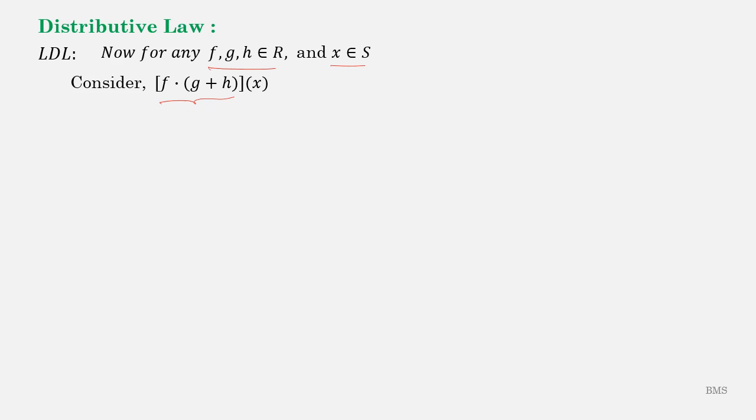And we have to claim that is equal to (f dot g plus f dot h)(x), that you know. So now first we shall apply the definition of dot here. That is f(x) times (g plus h)(x).